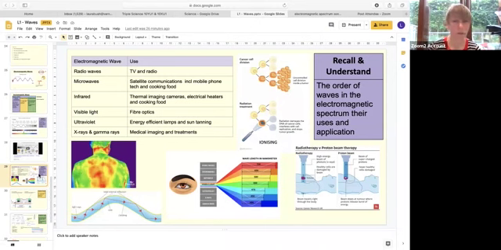So where was I? We have here then the visible light, so fibre optics. It's this picture here. We can see from the work that we did on light rays last week that we've got a light ray coming through here, and we could draw a normal dotted down at this point here.